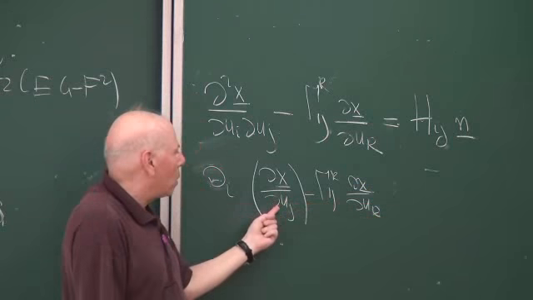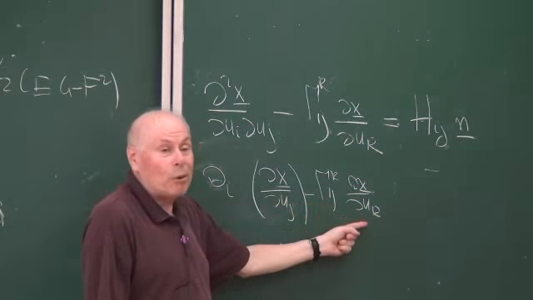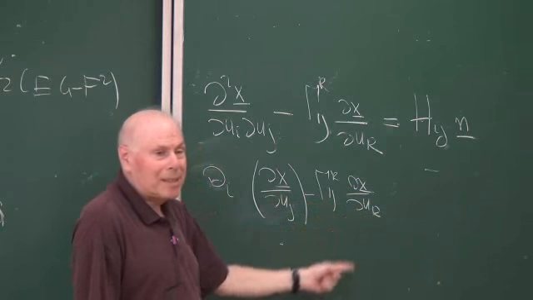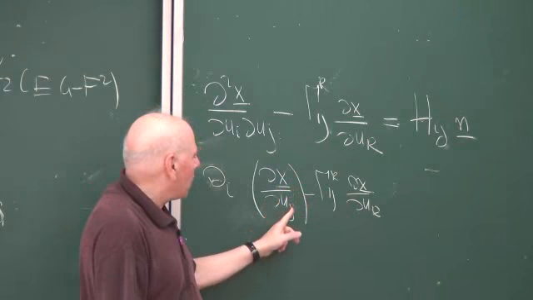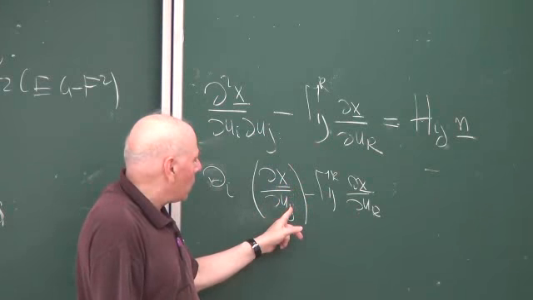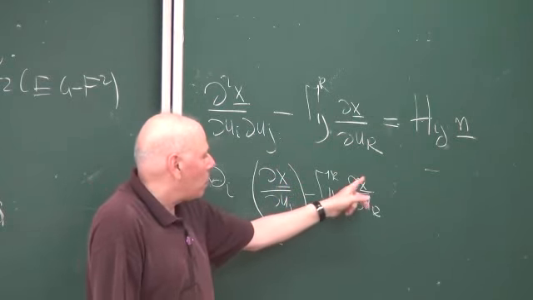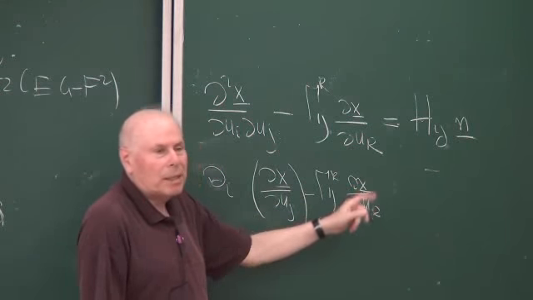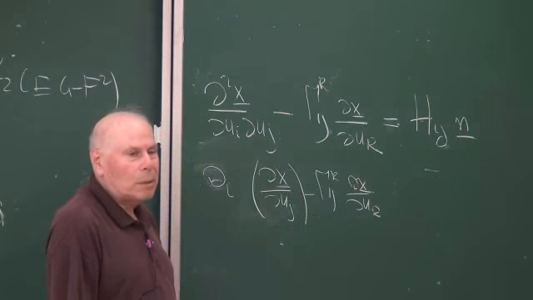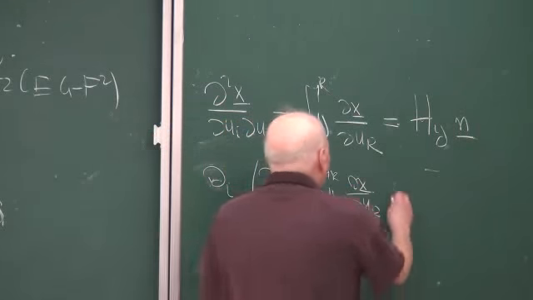So even though there's only one guy here, you need to know the whole family, because they're all involved. Here the first component differentiated with respect to x1 depends on the first component differentiated with respect to x1, x2, x3. So far so good?